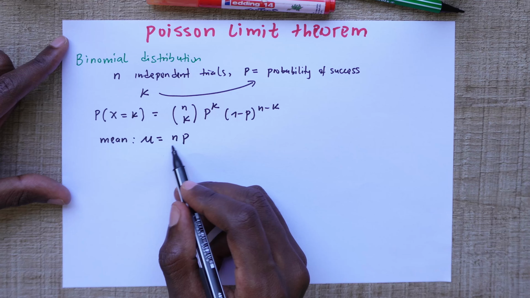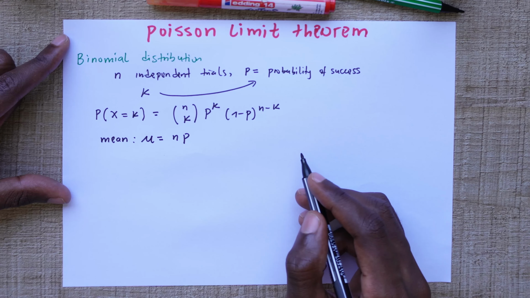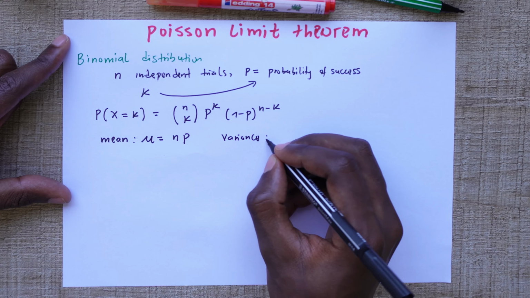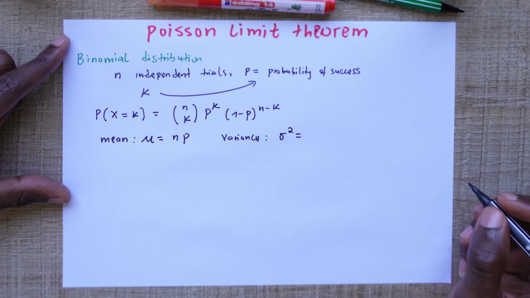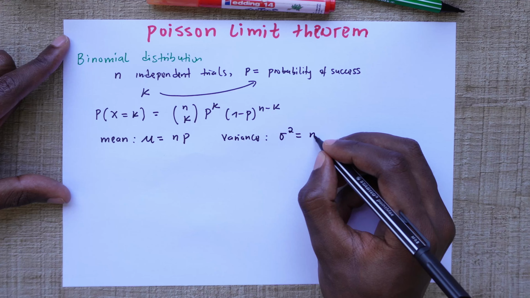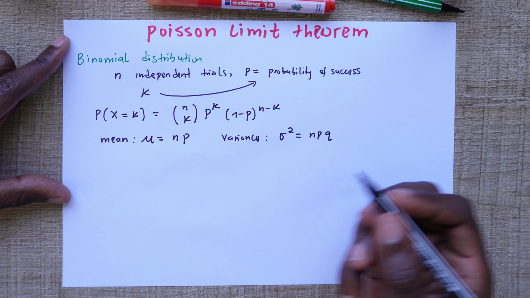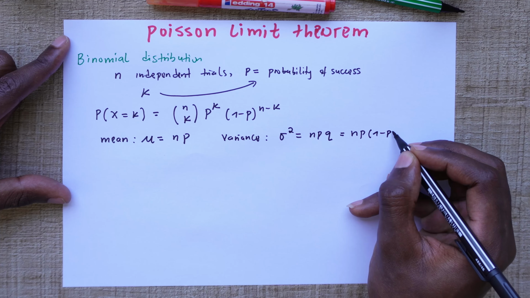So it's just your number of trials times the probability of success. This is also known as the expected value. And the variance, usually denoted sigma squared, where sigma is the standard deviation, is given by npq, where q here represents the probability of failure. So it's just 1 minus p.